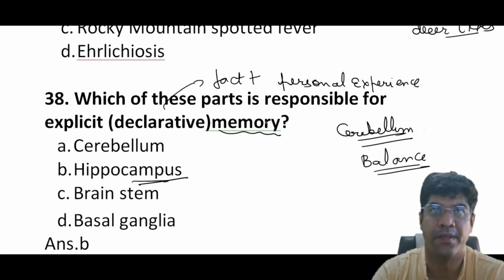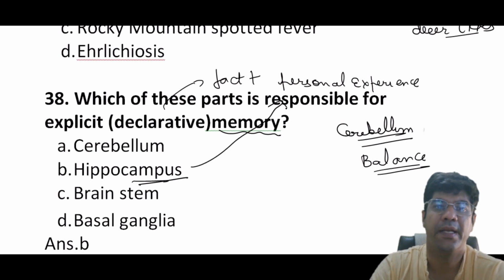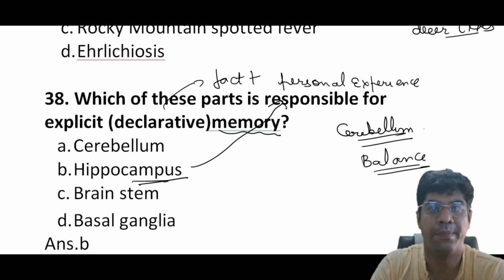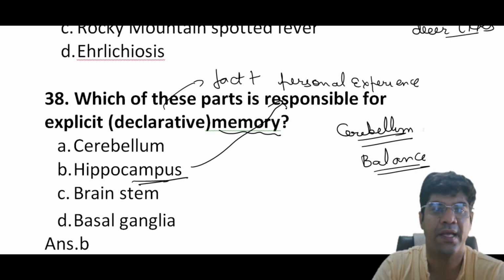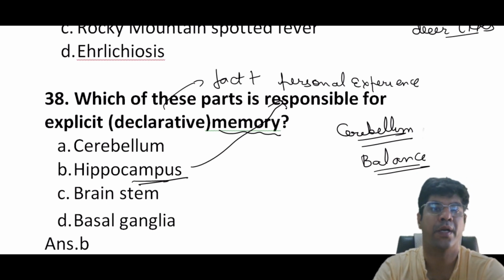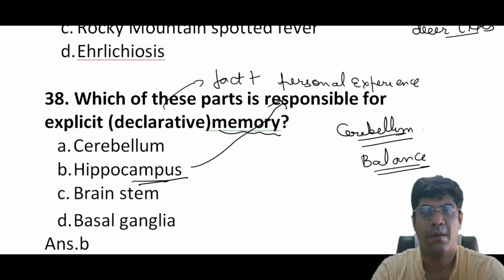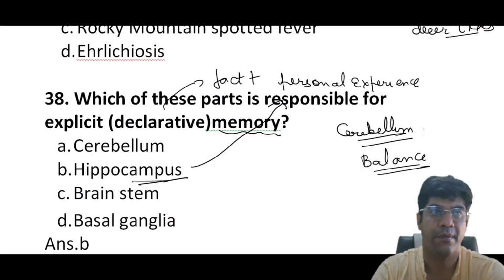So that is why your answer is B. The brainstem controls basic life functions like breathing and heartbeat, and it is not involved in memory processing. The basal ganglia are involved in motor control and procedural memory and not declarative memory. So your answer is B here.